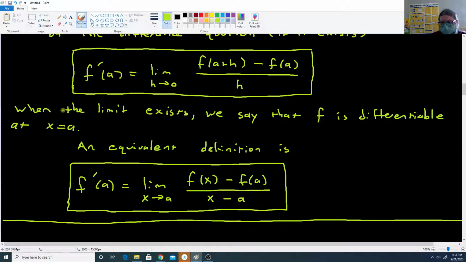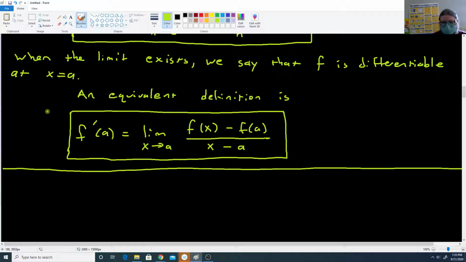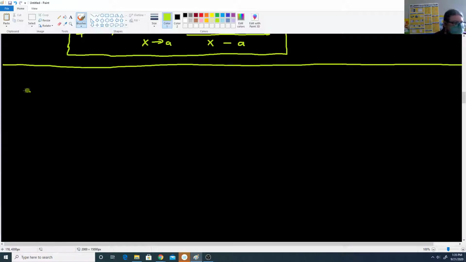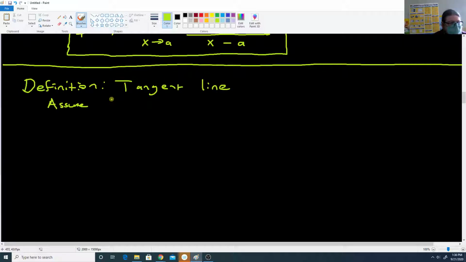The next thing we need to do is define the tangent line. So we're going to do that down here. So we'll say definition, tangent line. So we say, assume that f of x is differentiable at x equals a.